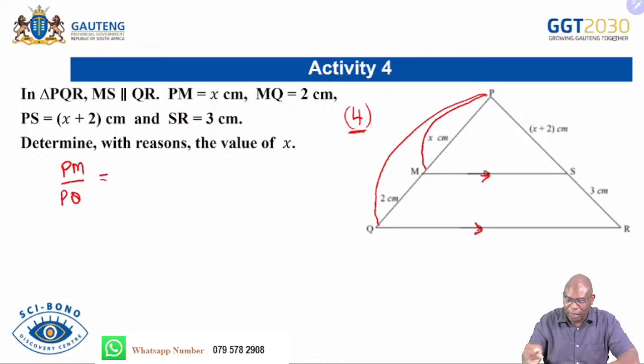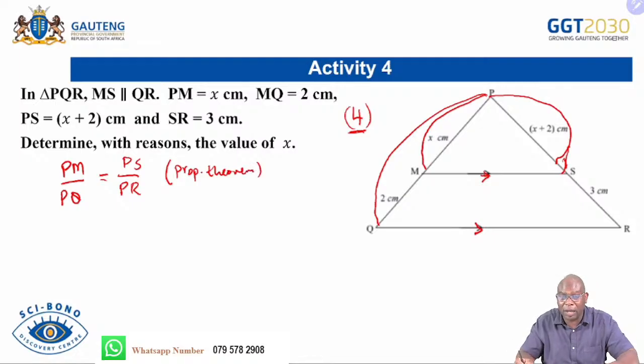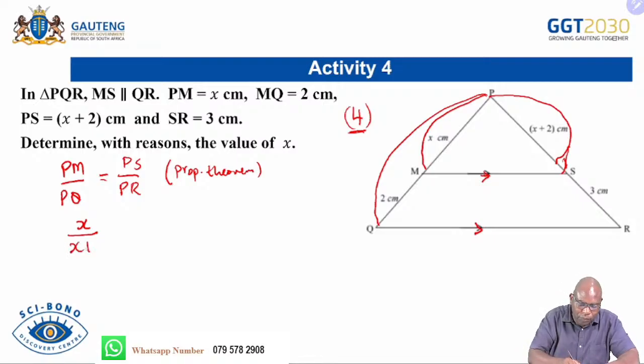So now on the other side is going to be PS over PR. Now let's check. Now remember, you must write down the reason. The reason will be proportionality theorem, and then you write down the sides that are parallel. Now PM for me is going to be X. PQ for me is going to be X plus 2.